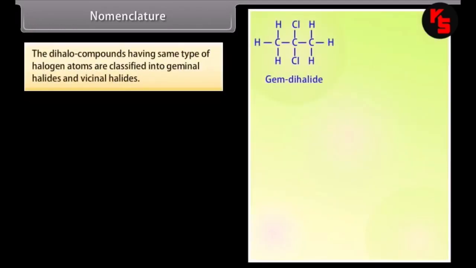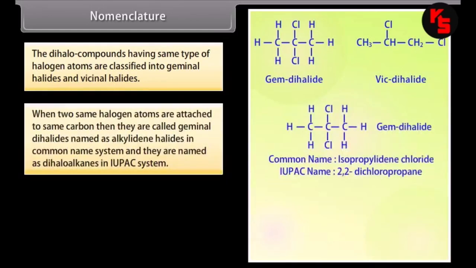Nomenclature. The dihalo compounds having the same type of halogen atoms are classified into geminal halides and vicinal halides. When two same halogen atoms are attached to the same carbon, they are called geminal dihalides, named as alkylidene halides in common name system, and as dihaloalkanes in IUPAC system.